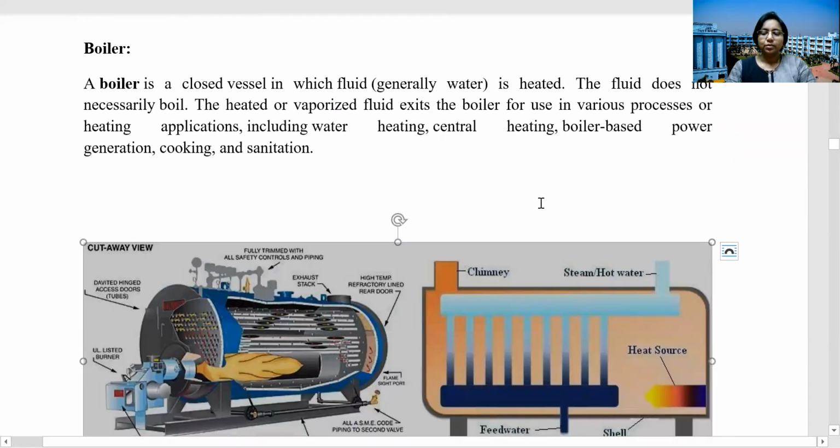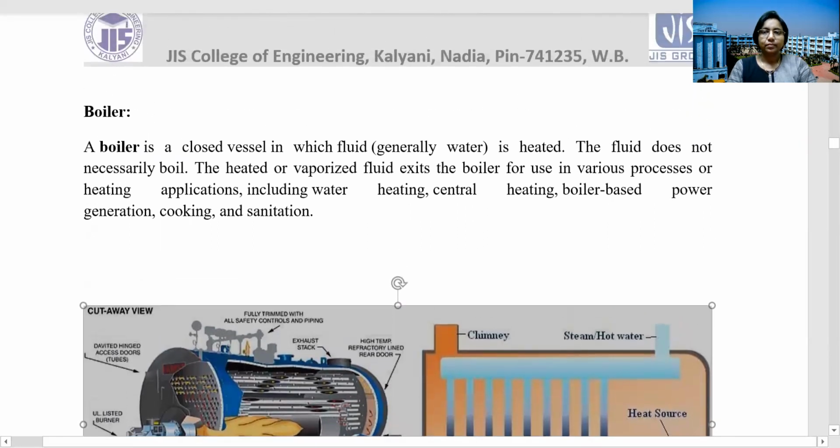So now, what is a boiler? A boiler is a closed vessel in which fluid, generally water, is heated. The fluid does not necessarily boil.